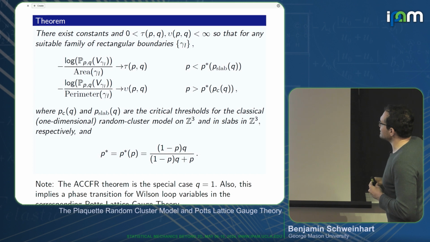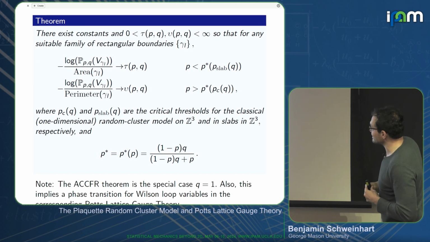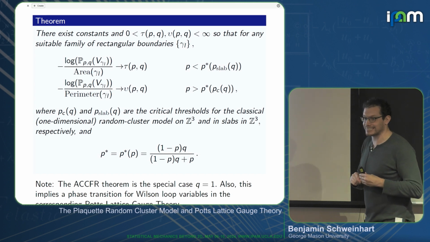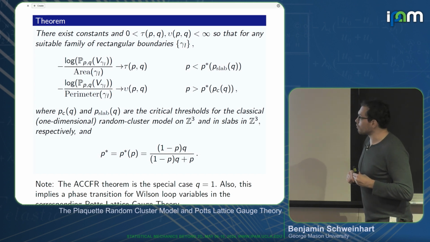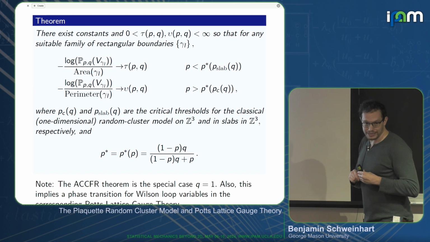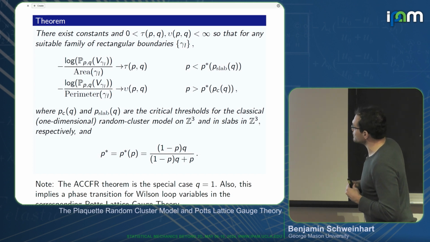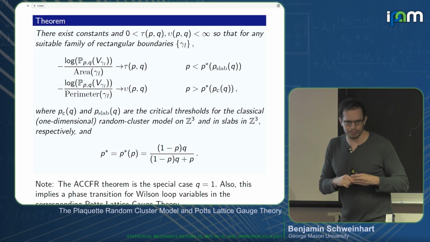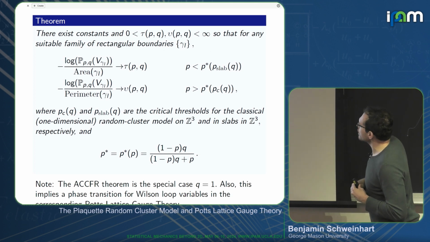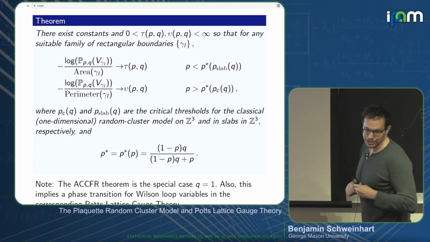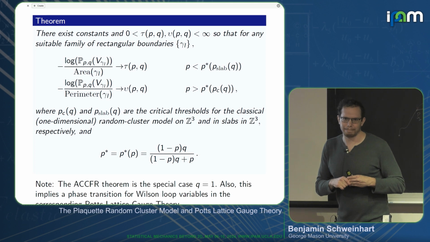And on the other hand, again, this is conditional on a conjecture on the regularity of the random cluster model in slabs, if your random cluster model is supercritical in a slab, this implies that you have area law decay in your probability that your loop is bounded by a surface of plaquettes when defined appropriately. Or actually, these results work for any definition of the V gammas. You get the transition at the same point.